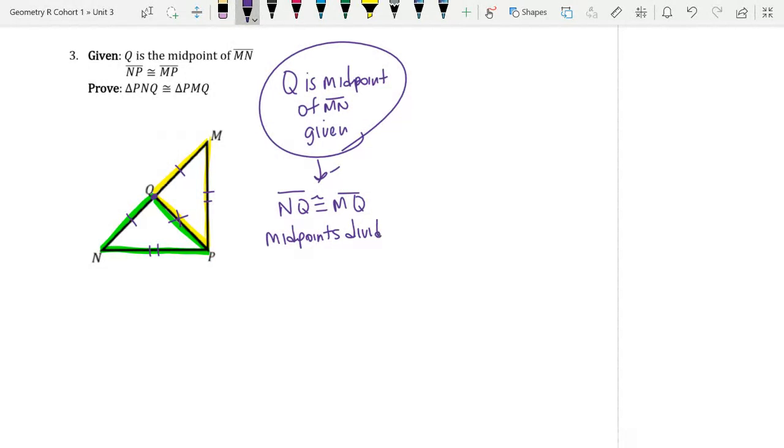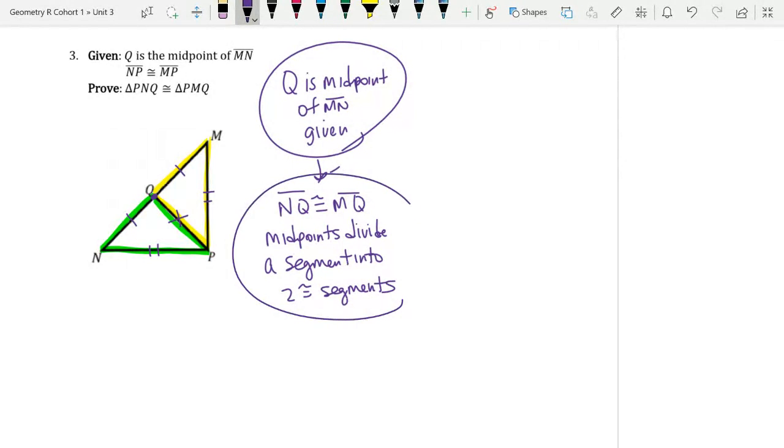because a midpoint divides a segment into 2 congruent segments. All right, that took care of the first given. The second given we like because there's nothing to think about or infer from it.